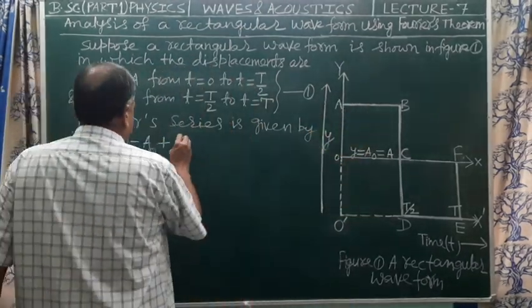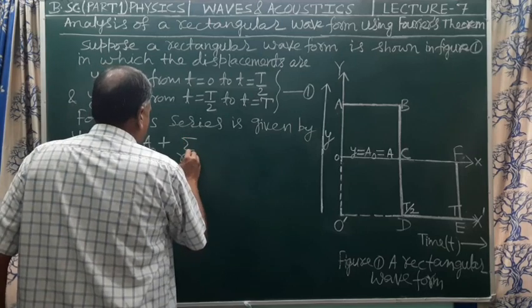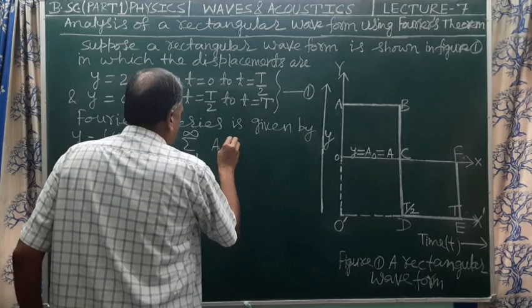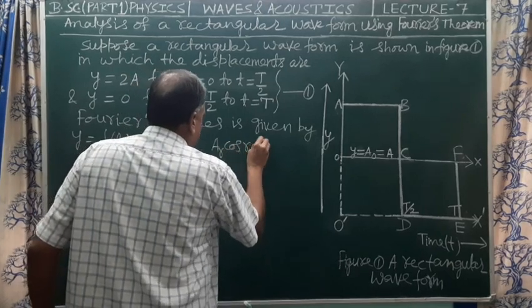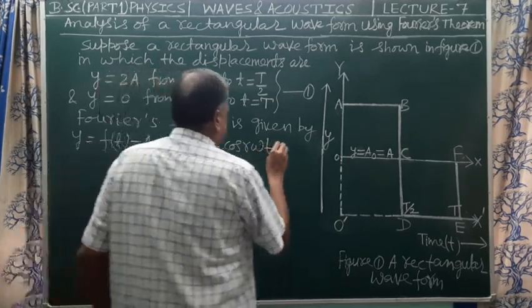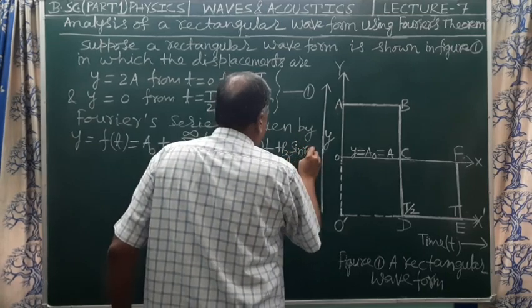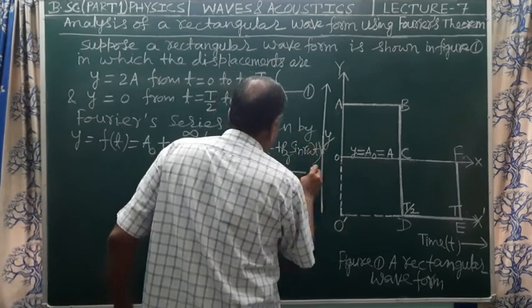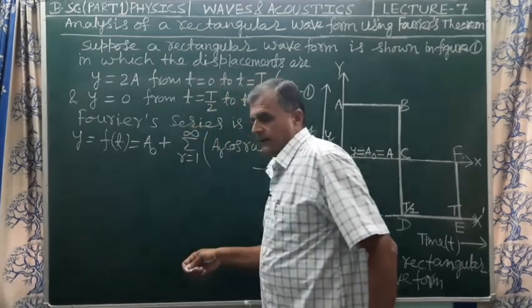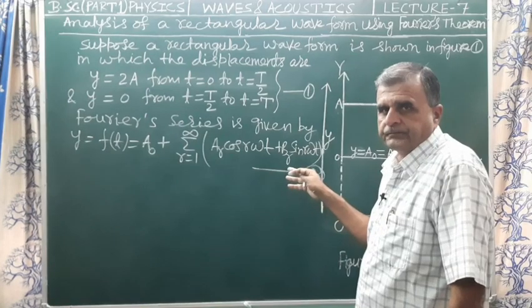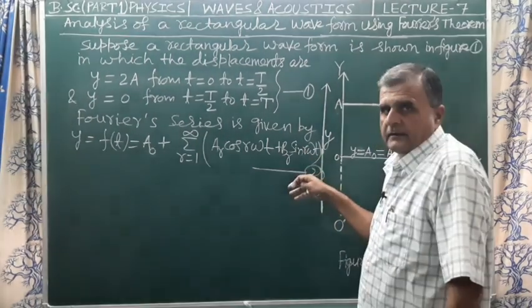So f(t) equals A0 plus sigma r equals 1 to infinity of Ar cos r omega t plus Br sin r omega t, and suppose it is equation number 2. This represents the Fourier series, that is the mathematical form of Fourier's theorem.